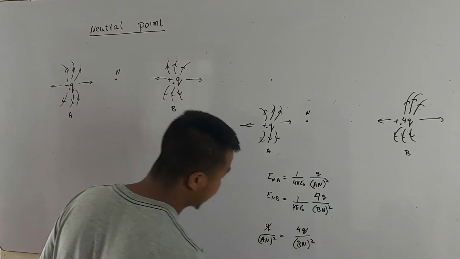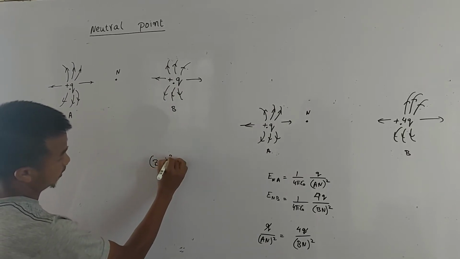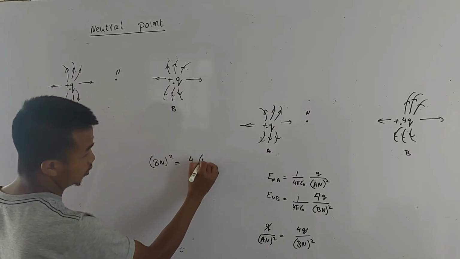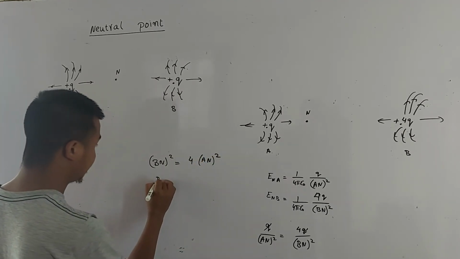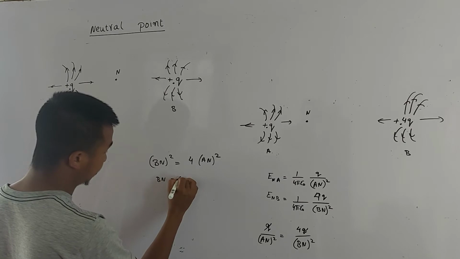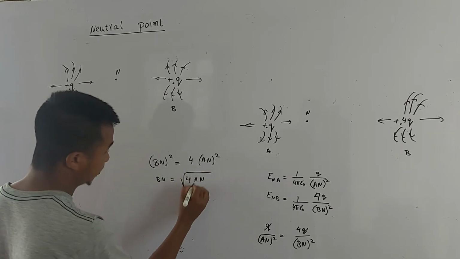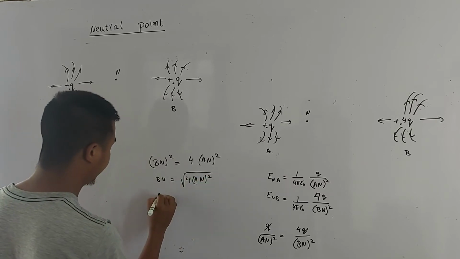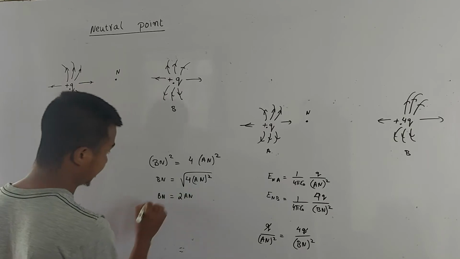Q will get cancelled. If we transfer this BN, we get 4 AN square. So BN is root over 4 of AN, so BN is equal to twice AN.